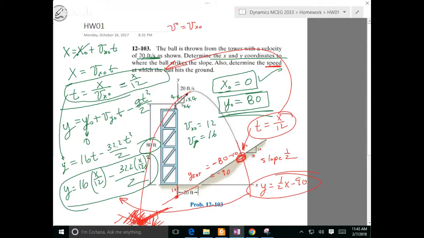Vx is equal to Vx naught. The velocity in the x direction never changes. And then Vy is equal to Vy naught minus GT. So you just take your time, stick it back in there. You'll find your velocity was going up. The G made it slow down, and then turn around and go back down, and then hit the ground.